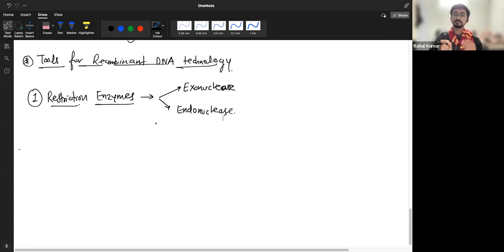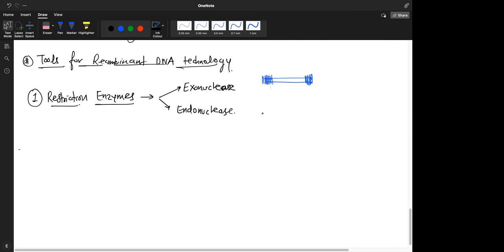So the difference between an exonuclease and an endonuclease is simple. An exonuclease digests a DNA from outside. So if it is a double-stranded DNA, let's say, it will start removing the bases from the ends and go towards the inside. Make sense? Yes, sir.